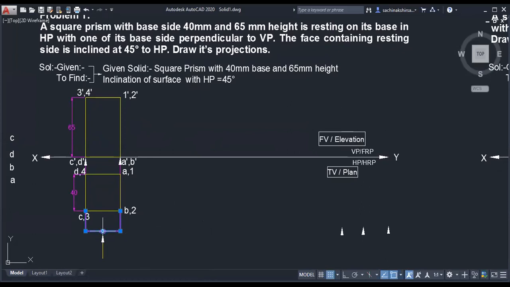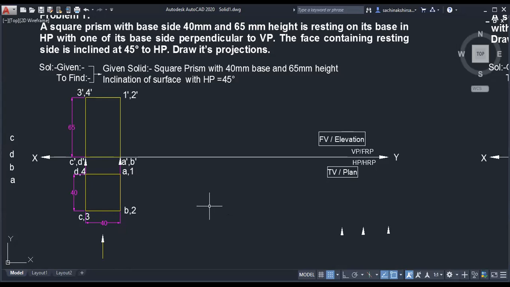In first angle method of projection, what remains in between the views? Object. Yes, sir. Object is in between observer and plane of projection.